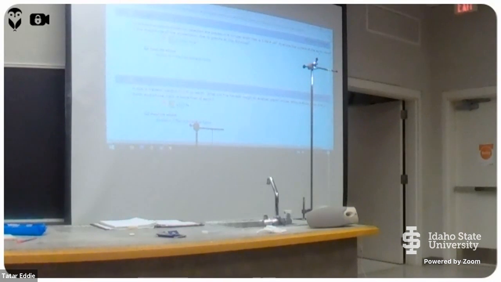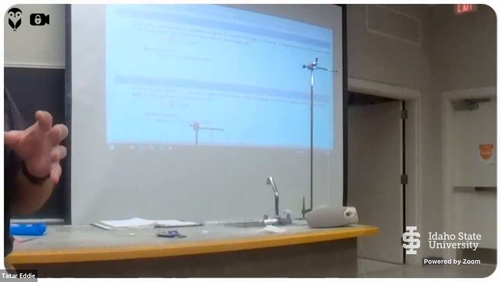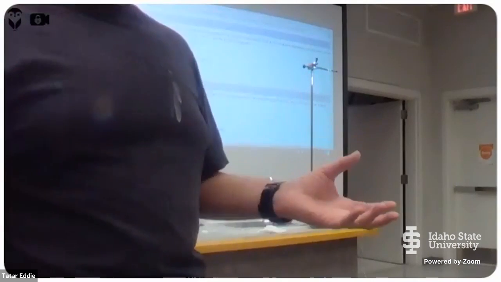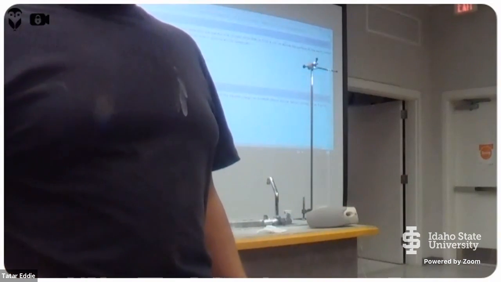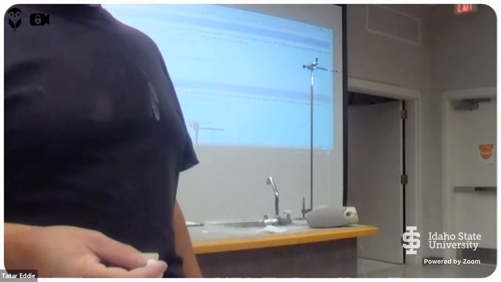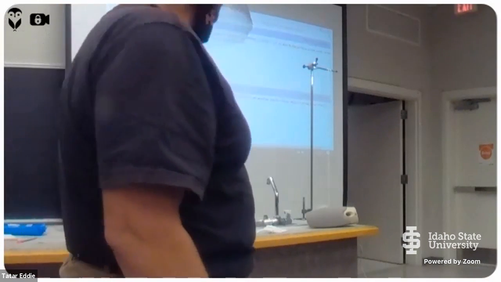Therefore, his weight on the other planet is going to be 2/9 of his weight on Earth. So even though the other planet is more massive, because the radius is larger, you're farther from the center, your weight is going to be lower, substantially lower, actually. 2/9 is a substantially lower weight.